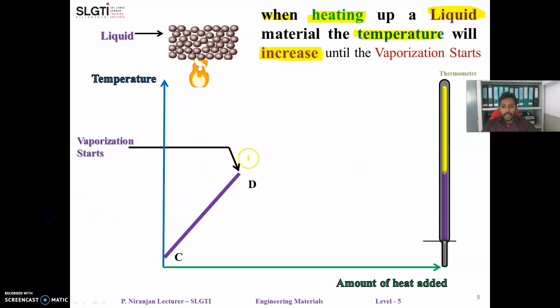Then here we can find 100% liquid. At this temperature, here at point D, the temperature is called the boiling temperature. It means the liquid material is going to change its state.